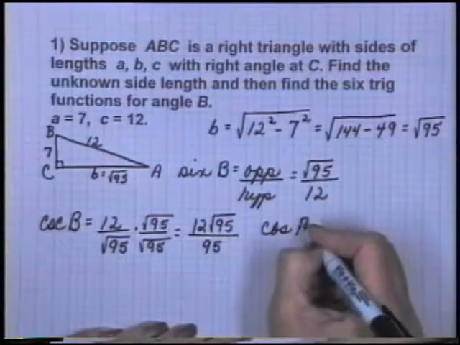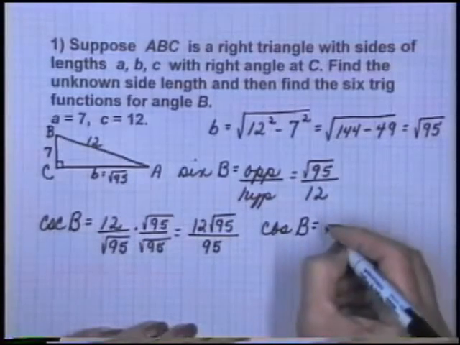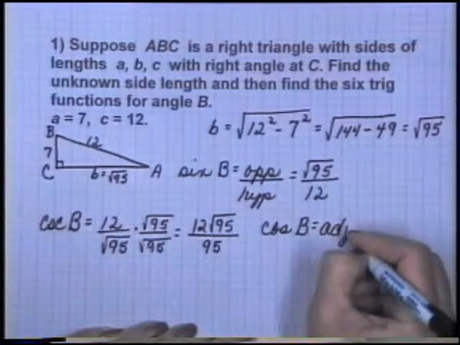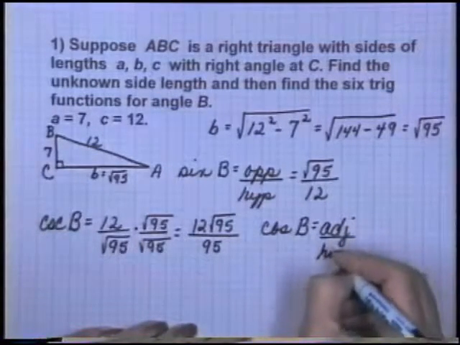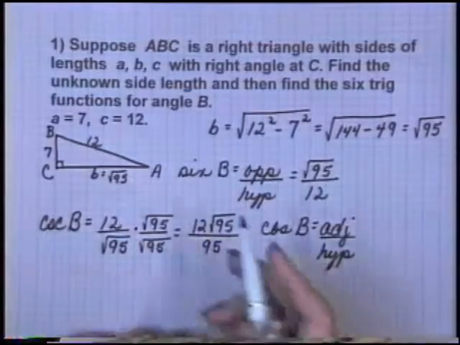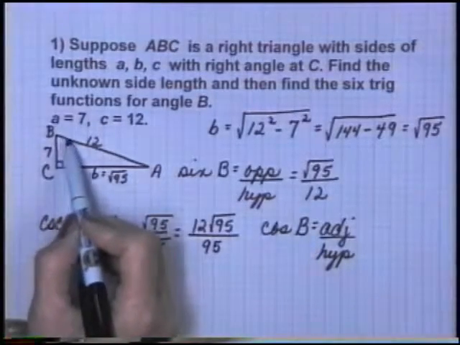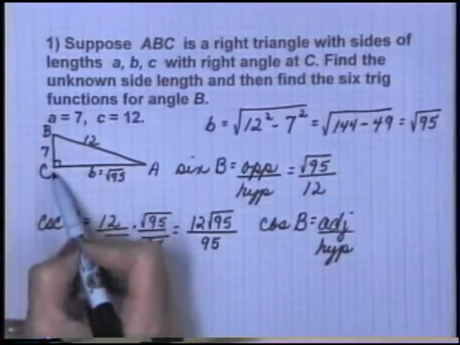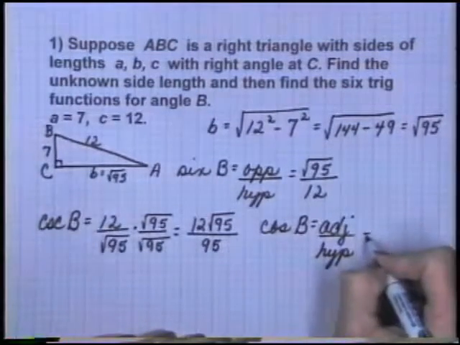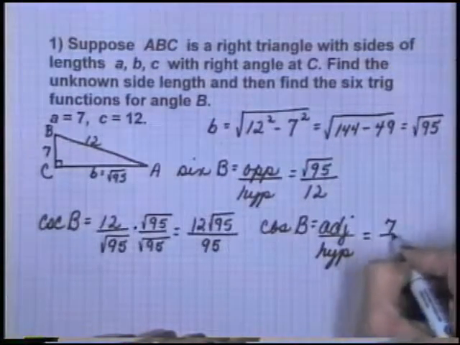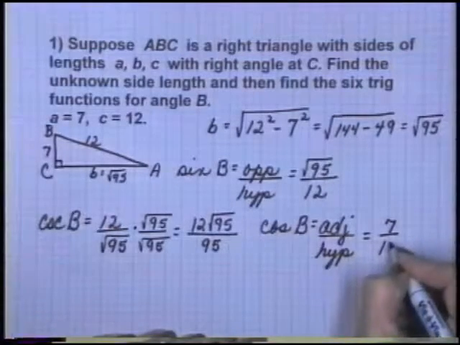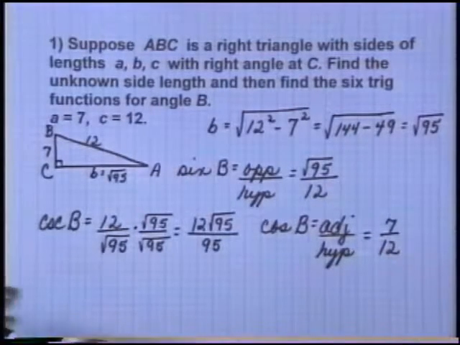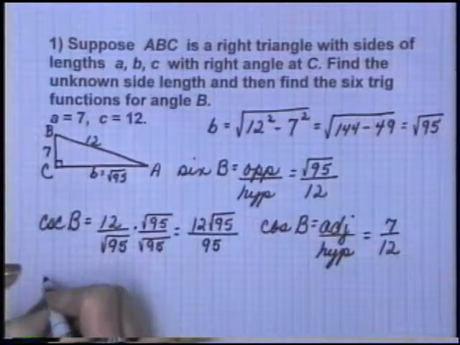Let's find the cosine of angle B, which is the adjacent side divided by the hypotenuse, and for angle B, the leg that is adjacent to it is the 7, so we'll put the 7 and divide it by the hypotenuse, 12, so we'll get 7/12.